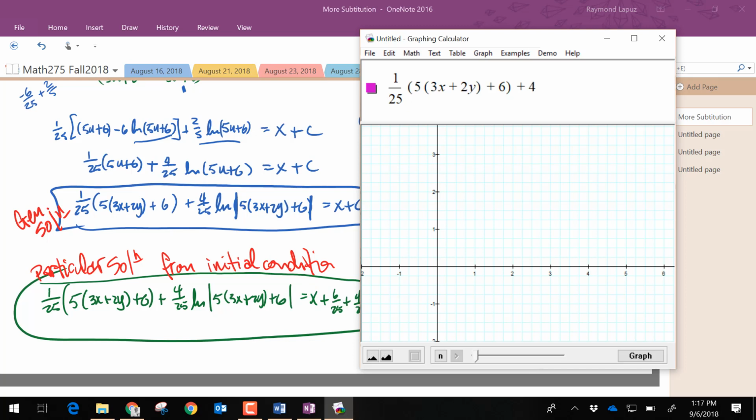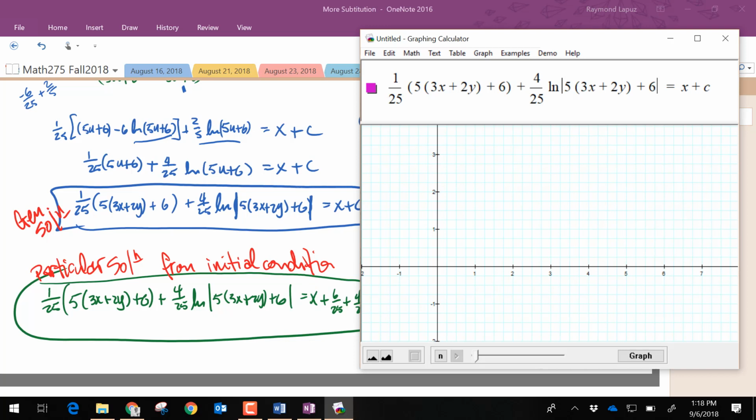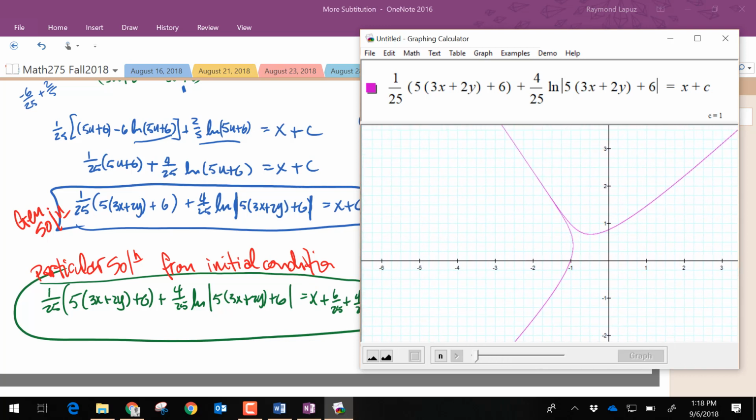And plus 4 over 25 times the ln absolute value of that same thing is equal to, let's just put x, and then let's put plus c for now. And then I have to say what c is equal to. Actually, this program is going to assume c is equal to 1. So this is how the graph would look.